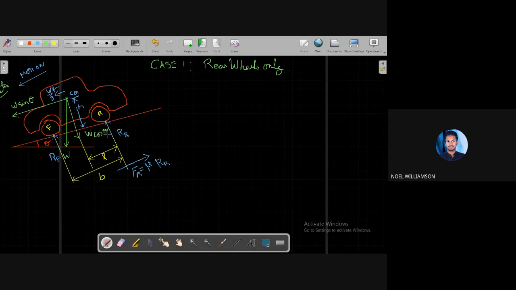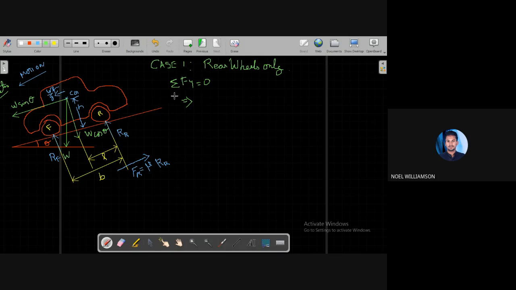Now considering the equations of equilibrium, we are taking the x-axis along the inclined surface and y-axis perpendicular to the inclined surface.